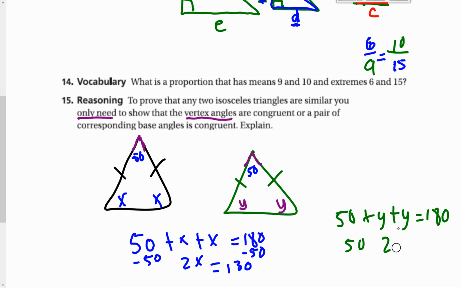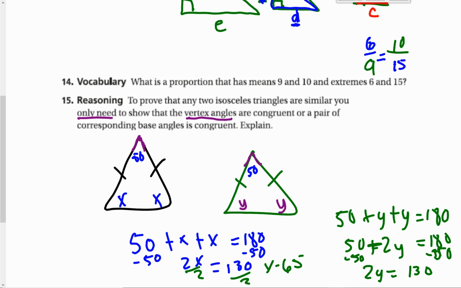Oops. That's a plus. Now I subtract 50 from both sides. 2y equals 130. So if I divide this by 2, don't I get 65? X equals 65. If I divide this by 2, don't I get y equals 65?